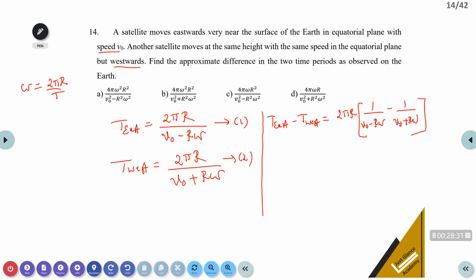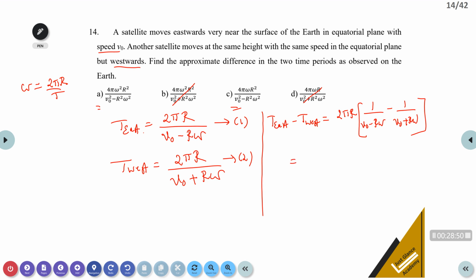It is just like A minus B, A plus B, A square minus B square here. That means V naught square minus r square omega square. This is not possible. The only possibility is either C is right or D is right here.